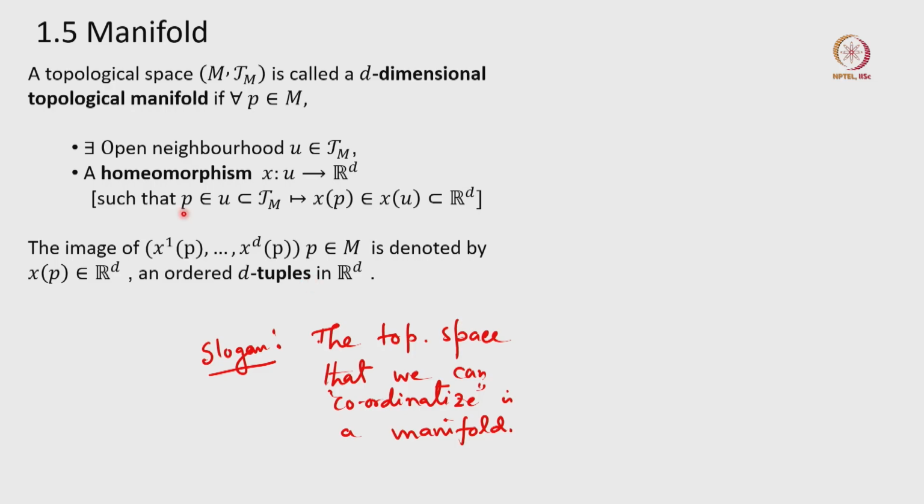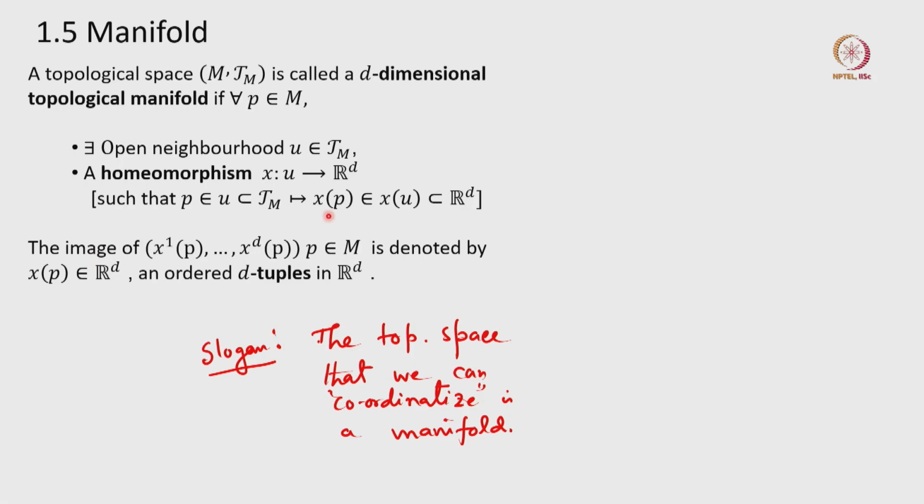Okay. And mathematically, at every point within that open set, which is a part of a topology, I should be able to map it to d numbers, which will also be a part of an open neighborhood in R^d, and I will show you the picture in the next slide.